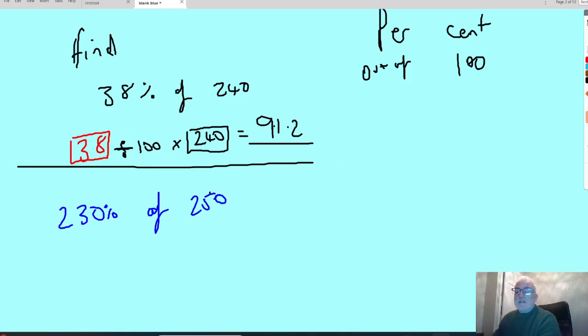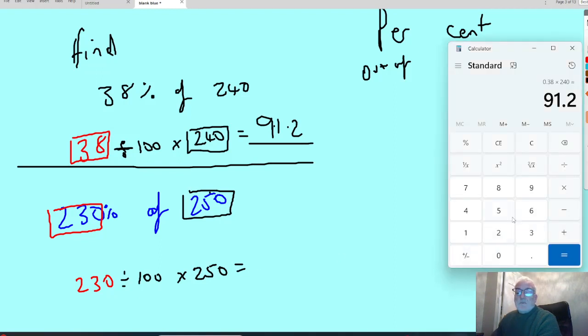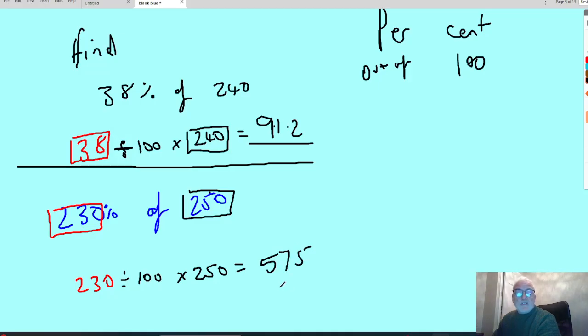Again, we're going to do exactly the same thing as before. We take our percentage, 230, and divide it by 100. This bit is always the same in every case. Then we times by the number they give me in the question, 250. So I've got 230 divided by 100 times by 250, and that's going to give me 575, and that would be 230% of 250.